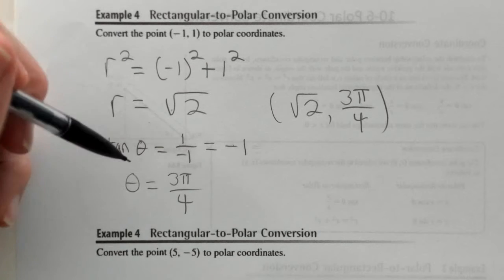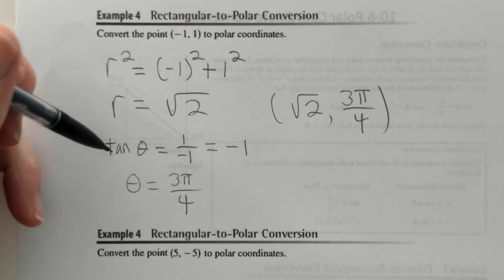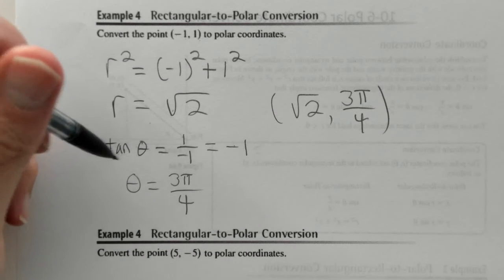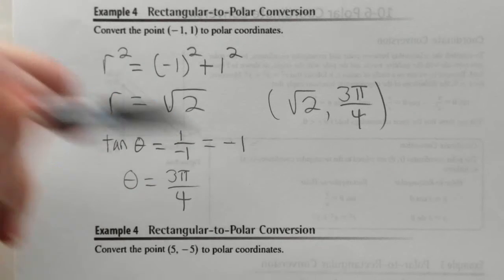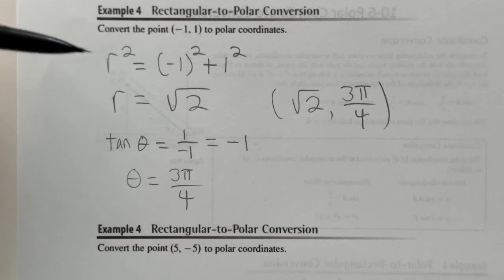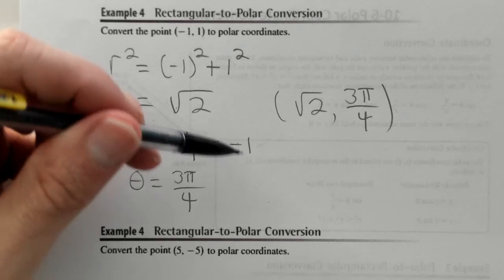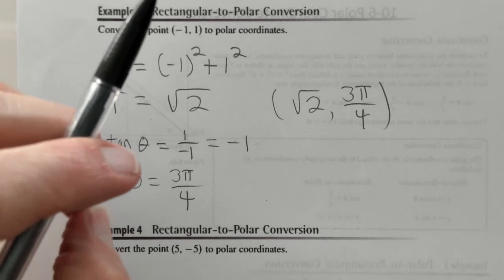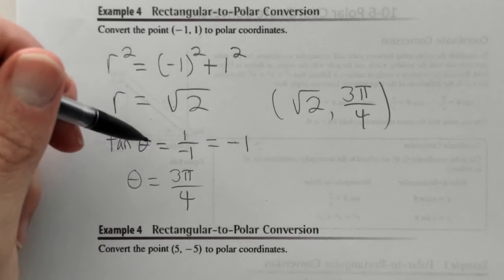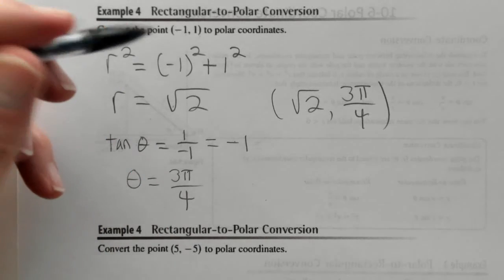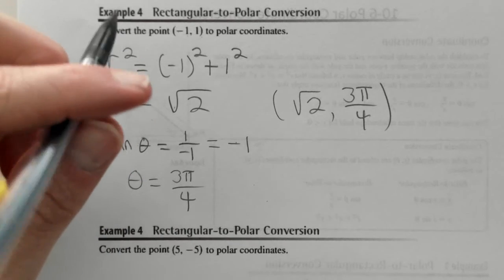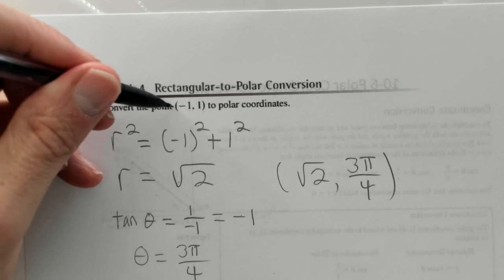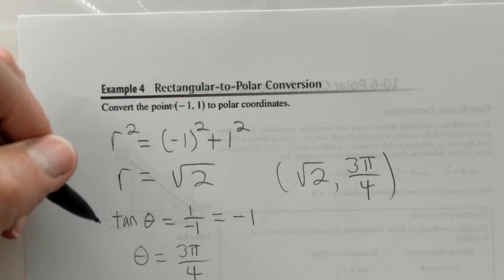Again, remember the period for tangent is pi instead of 2 pi, which means there's going to be two values that work when you try to figure out the angle. There'll be two angles that work typically. So which one are you going to use? You're going to use the one from the same quadrant that the original rectangular point is in, right?